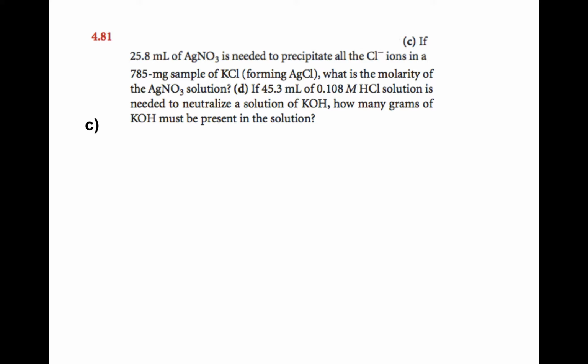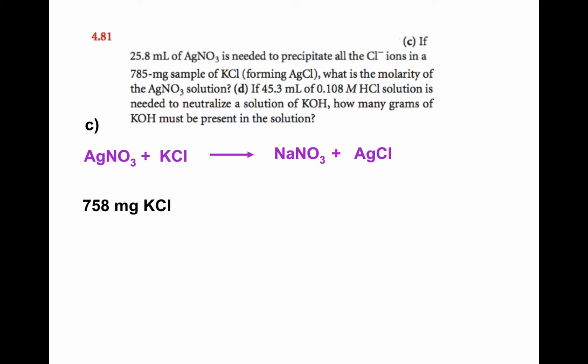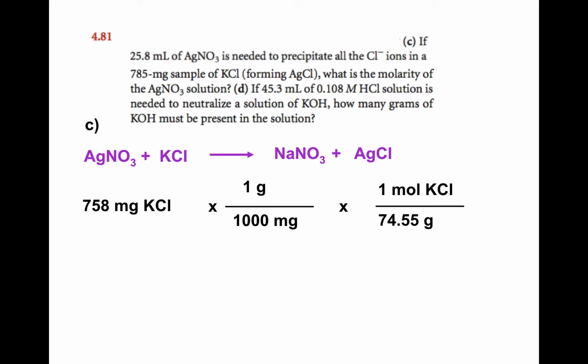Okay, so again, we have a precipitation reaction where silver ion is going to precipitate chloride. So they gave us milligrams of potassium chloride. So that's where we start, right? 1,000 milligrams in a gram. Once we're in grams, we can use the molar mass to get to moles of potassium chloride.